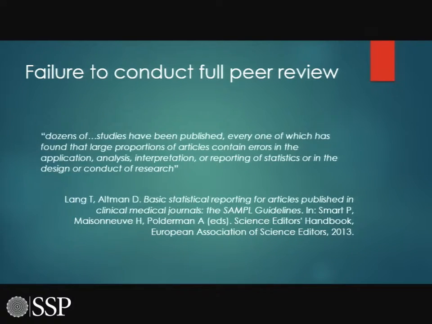What happens is that so often authors don't include enough information for us to replicate the study. They do poor reporting of what they've done. But then we exacerbate the problem in editorial offices by failing to conduct full peer review. And so we end up with what Altman and Lang diagnosed: dozens of studies that have been published looking at peer review, and every one has found that large proportions of articles contain error in the application, analysis, interpretation, or reporting of statistics, or in the design or conduct of research.